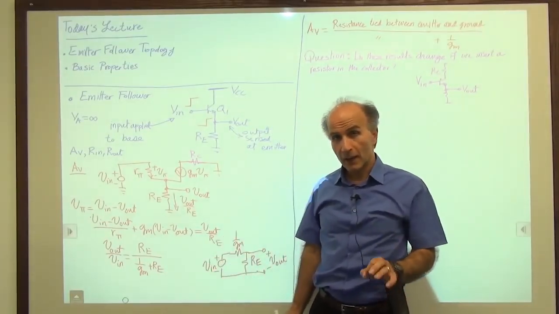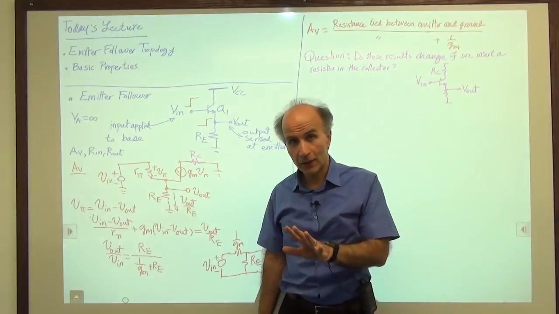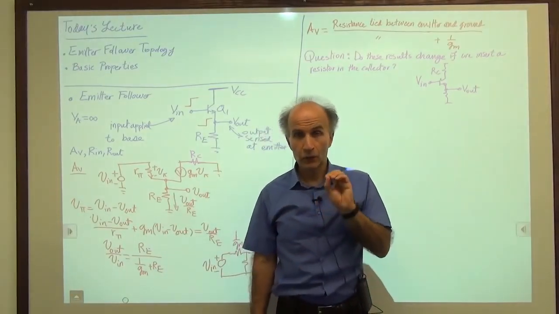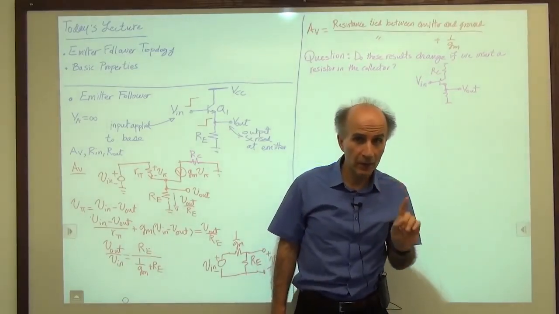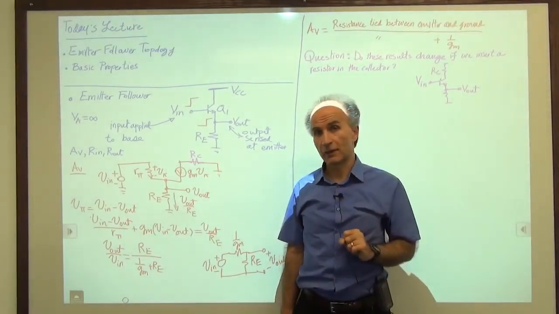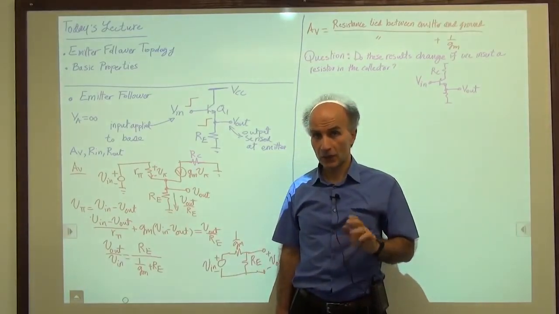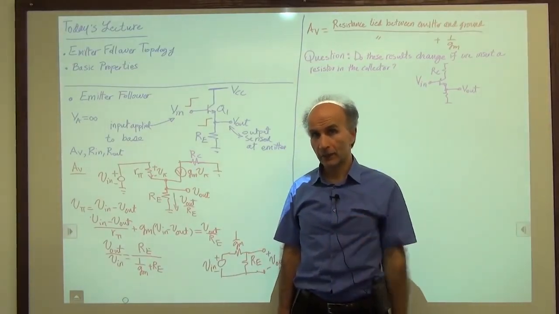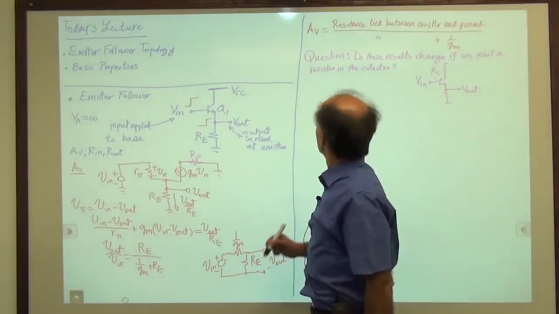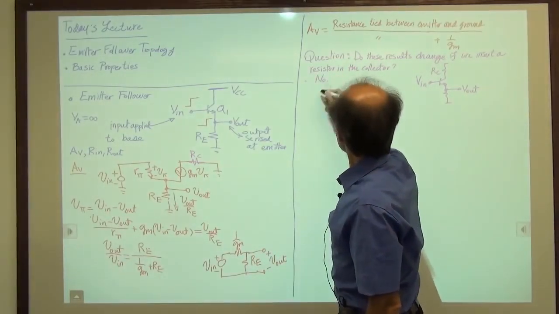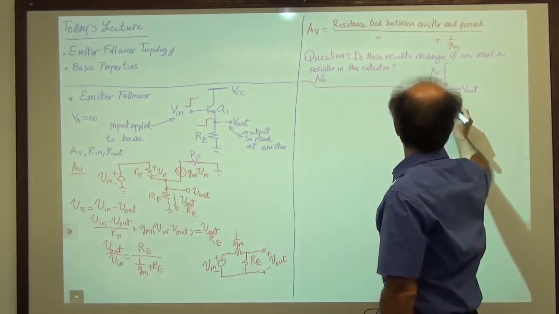In other words, some of the calculations of the emitter follower are similar to those of the common emitter stage with degeneration. And here's one example. All right, so just keep that in mind, and we'll come back to it in a moment. Okay, so the answer is no, nothing has changed if we insert the resistor.